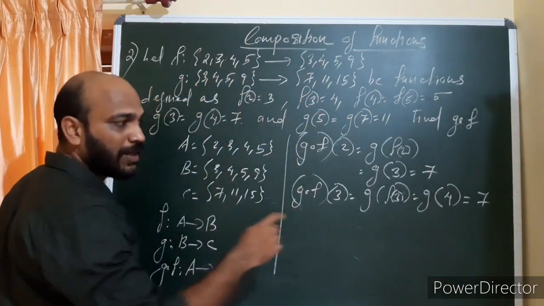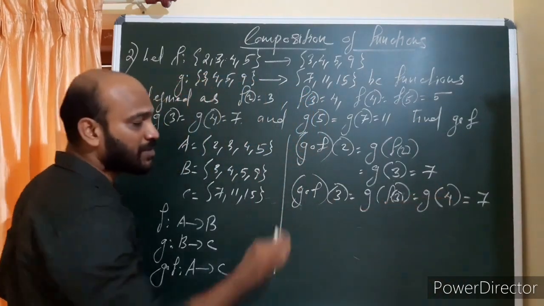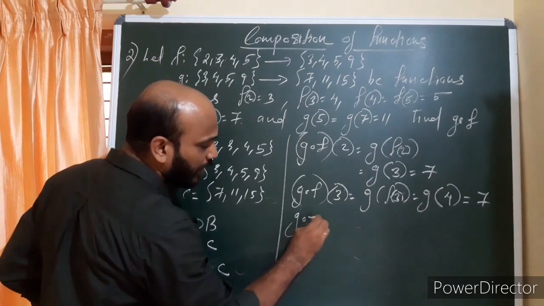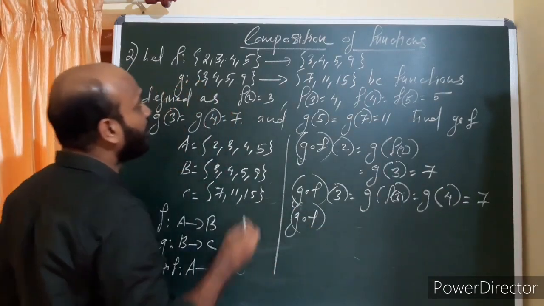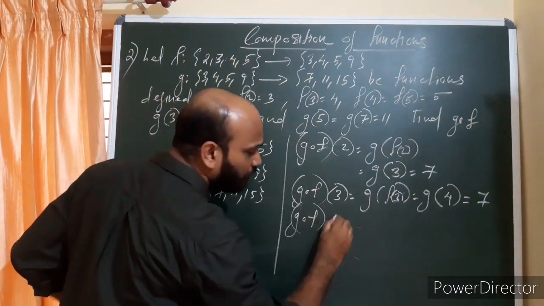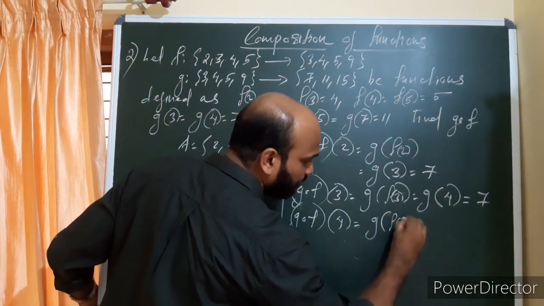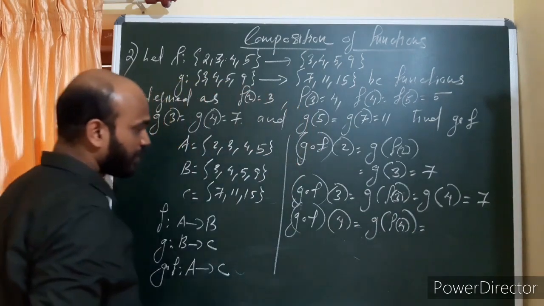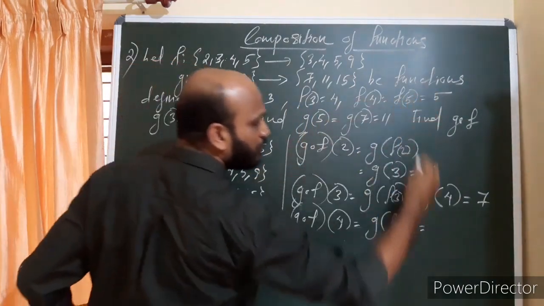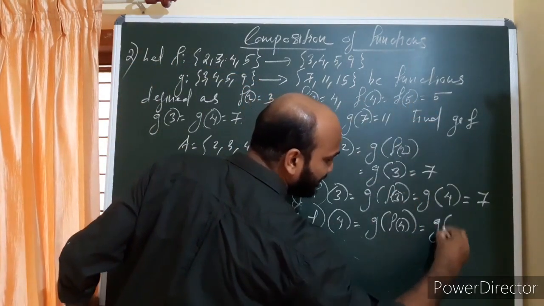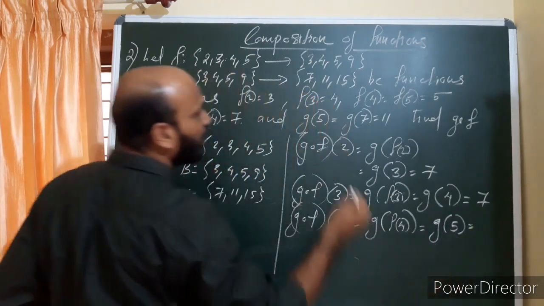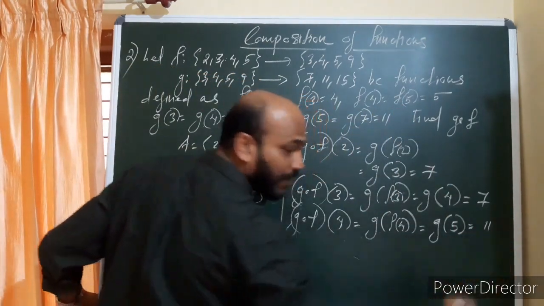So image of 3 is equal to 7 under the function g of f. Now you have to find image of third value of A, that is 4. g of f of 4 we want to find. What is f of 4? f of 4 equal to 5. So we have to find g of 5, and g of 5 is equal to 11.